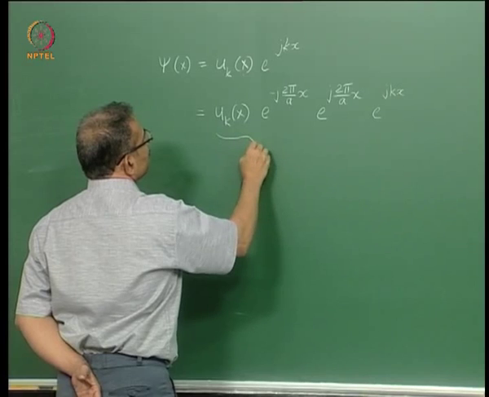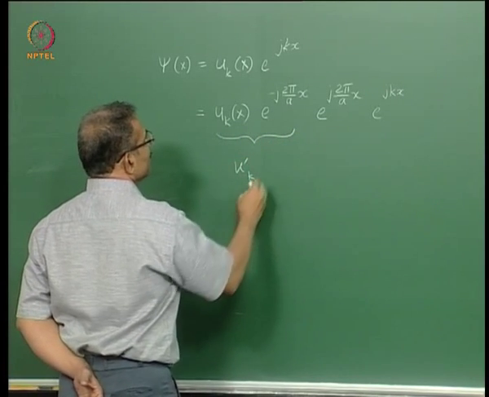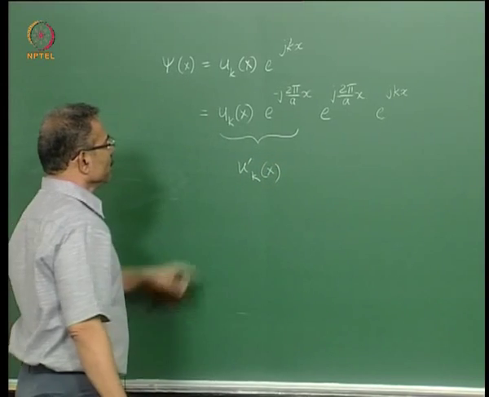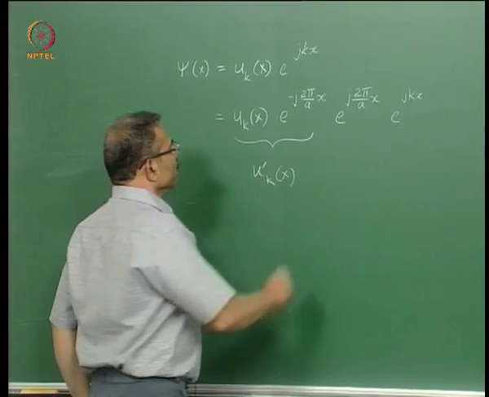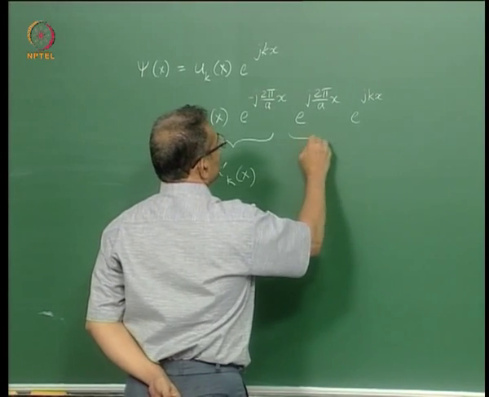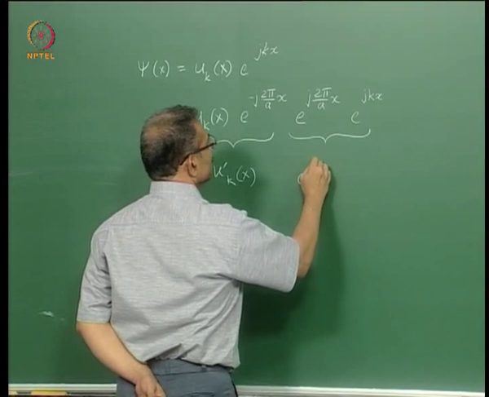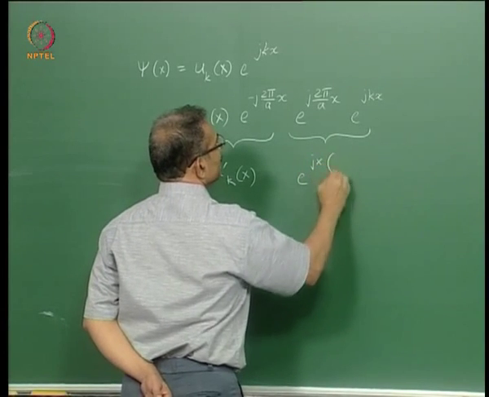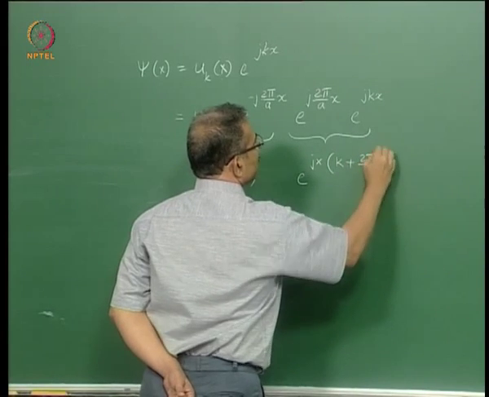Therefore, I can club these two and write this as another periodic function, which has a periodicity a, multiplied by this part, which appears as e power j x into k plus 2 pi by a.